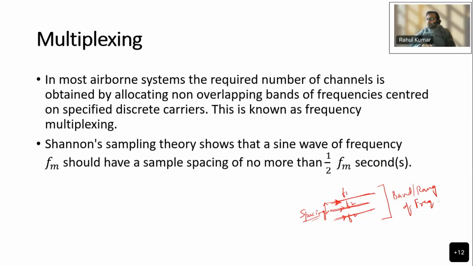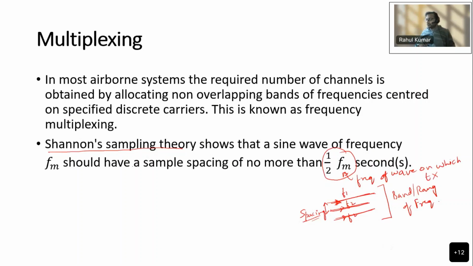Now according to the Shannon sampling theorem, a spacing of 1/2 of fm is sufficient to avoid overlapping, where fm is the frequency of the wave on which you are transmitting your information.